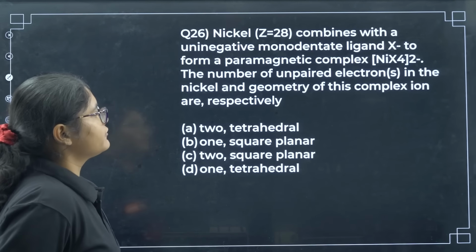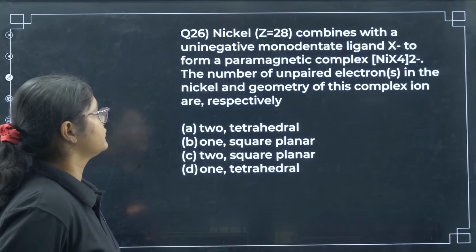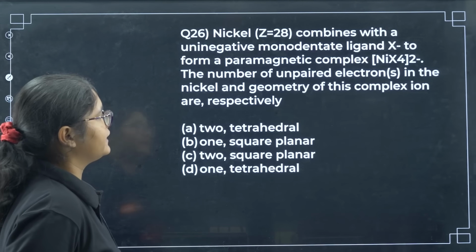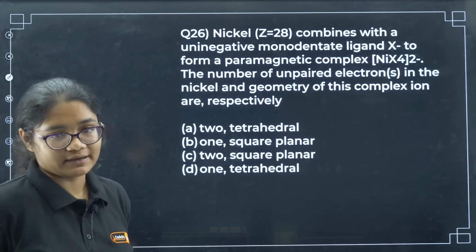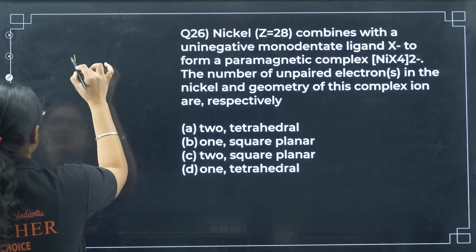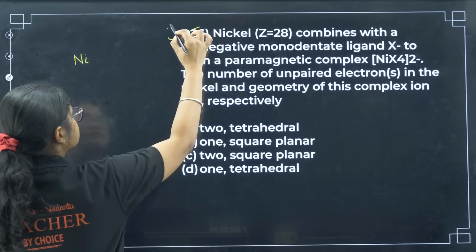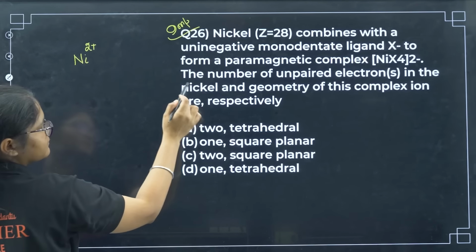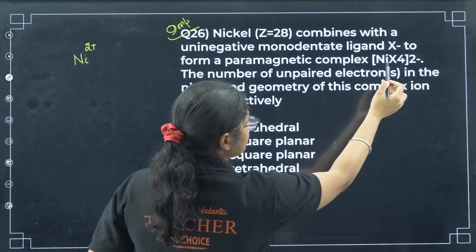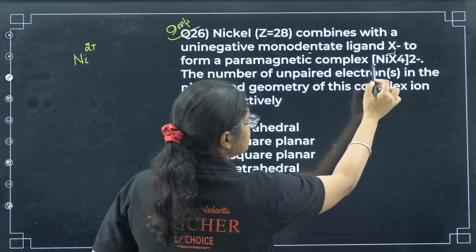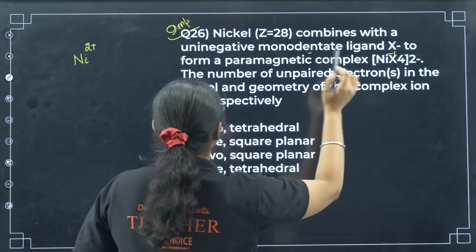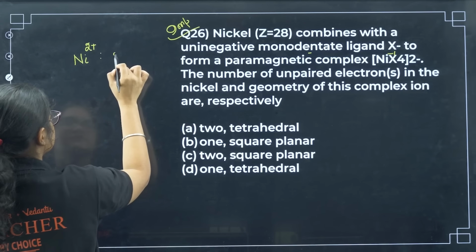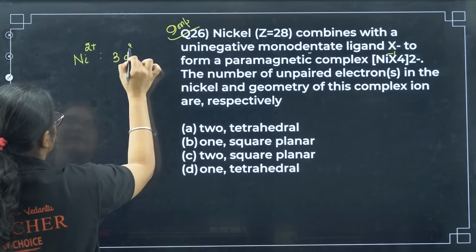First of all, it forms with a uni-negative monodentate ligand X minus a paramagnetic complex. So if I see nickel, what is its electronic configuration in this particular compound? This is a good question. Monodentate means this is -1, so X minus 4 is equal to -2. So nickel is in +2 oxidation state, it is 3d8, right?